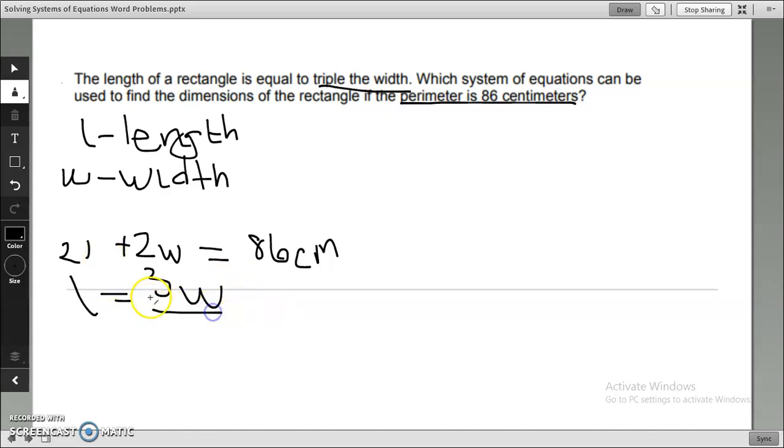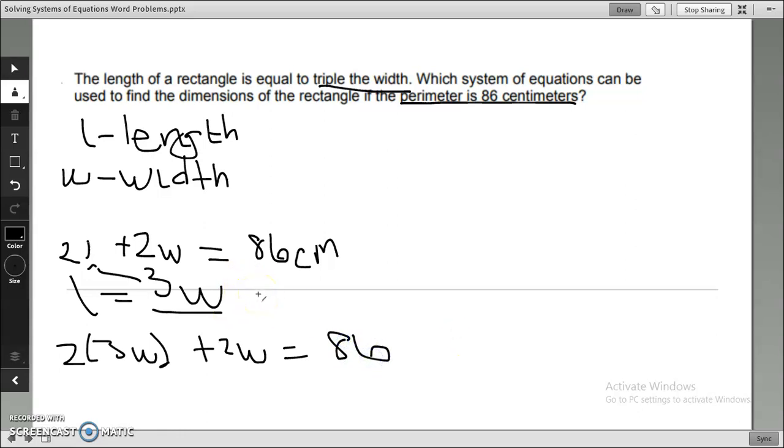So what I have here for L, I'm going to put it in here for L. So it's going to give me 2 times 3W plus 2W equals 86. And I'm going to leave off the centimeters for now just so I don't have to write so many letters. So it's going to give me 6W plus 2W equals 86.